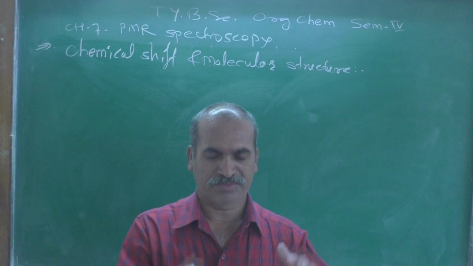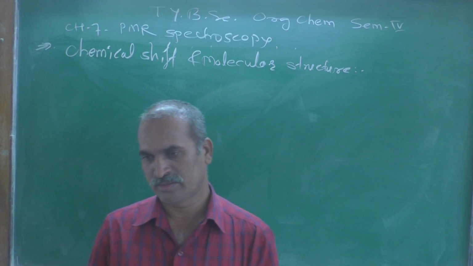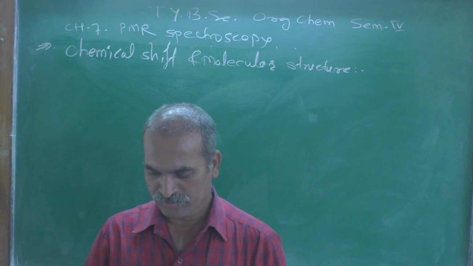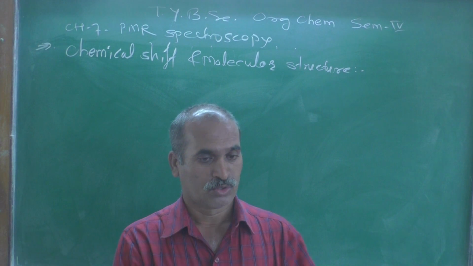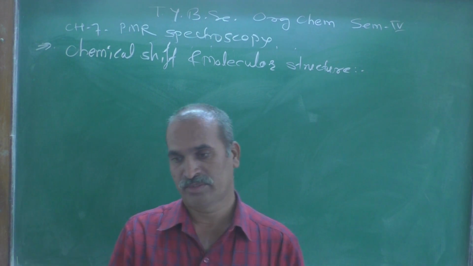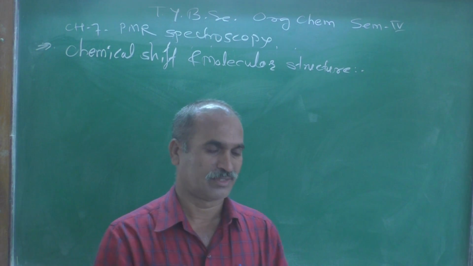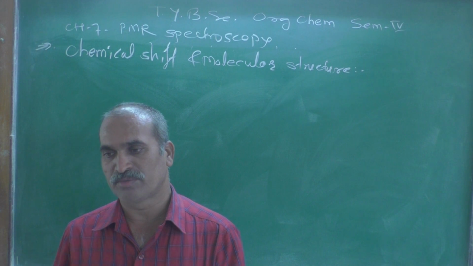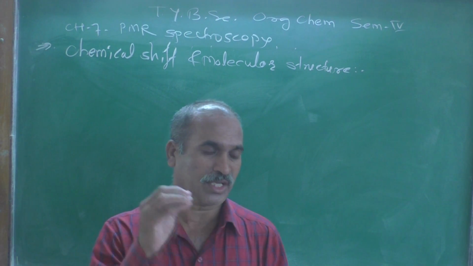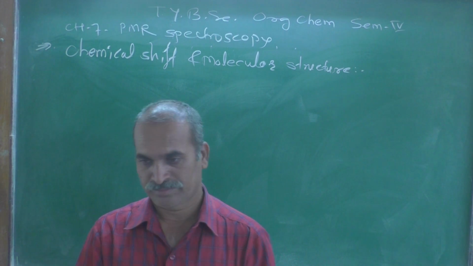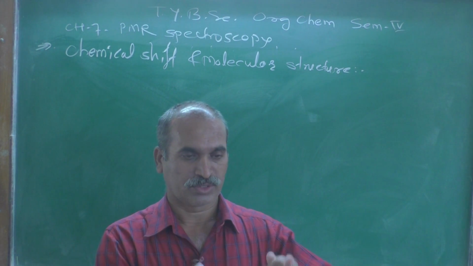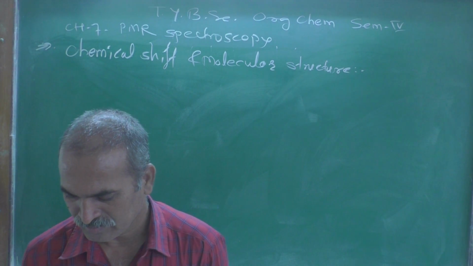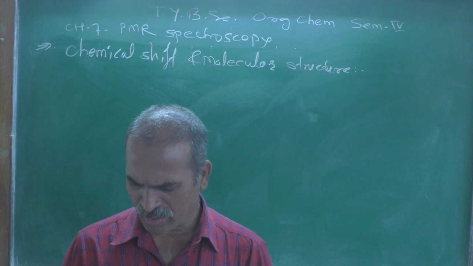Delta value increases or decreases depending upon how the proton is affected or influenced, so its behavior is different in different chemical environments, and therefore the chemical shift values are different.